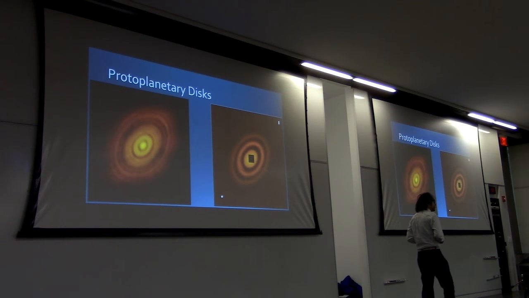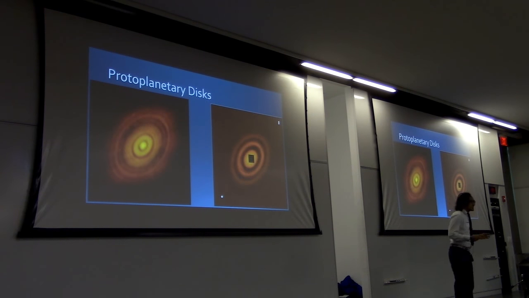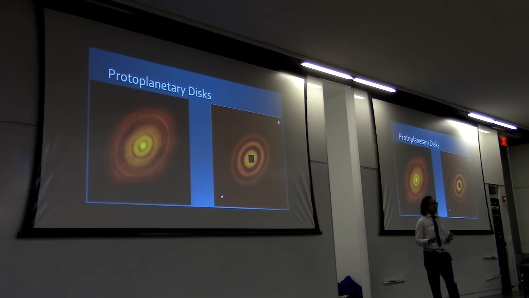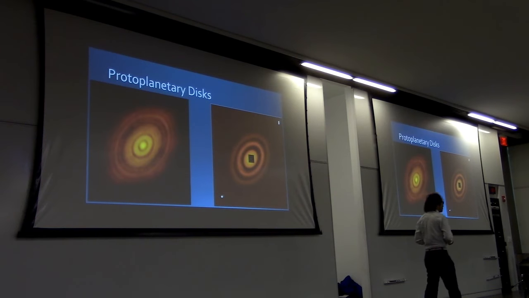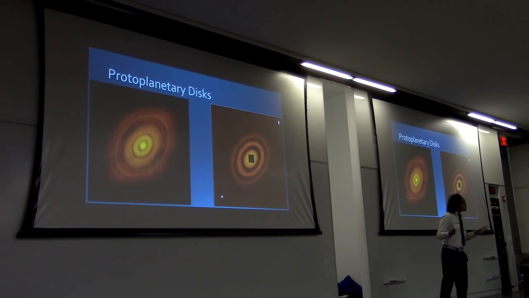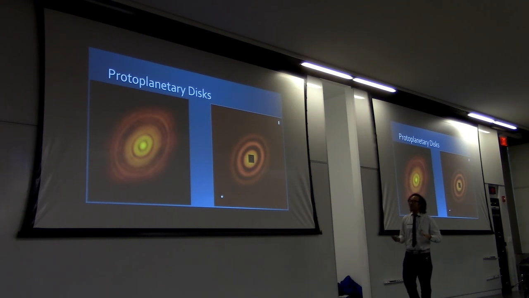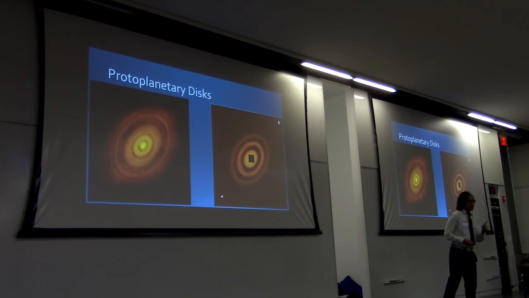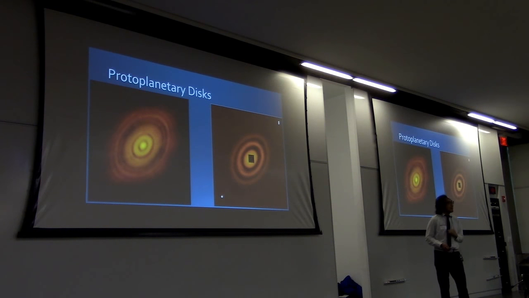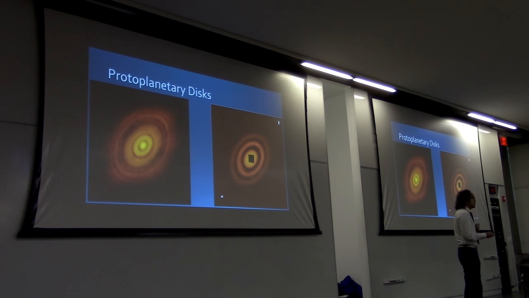One other thing that you can note from these disks is that they have these rings and gaps within them. And what does that mean? To be honest, we don't really know. That is one of the beauties of doing this kind of research. We don't know exactly what causes these rings, but one popular theory is that planets, in the process of formation, carve out these gaps of material.